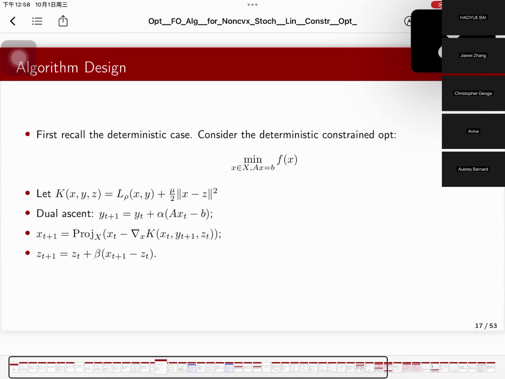We do a projected gradient descent step on this function, and a dual ascent step on y. Finally, we update the proximal center by taking an average between x and z. This is the algorithm. Actually, we can show the algorithm converges with 1/epsilon squared iteration complexity for solving this deterministic constraint optimization problem.